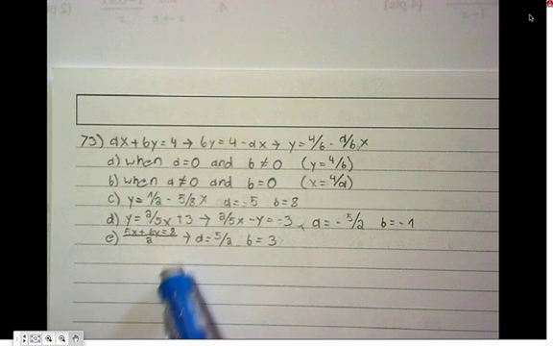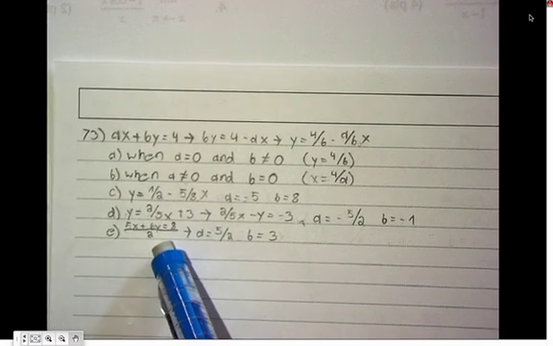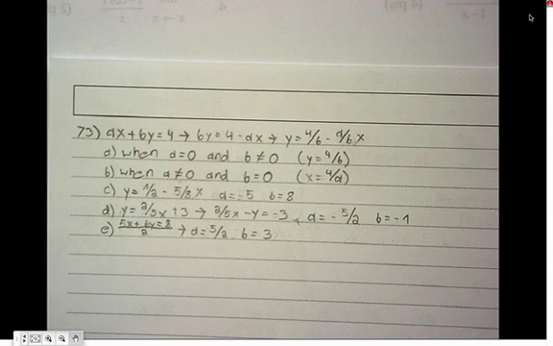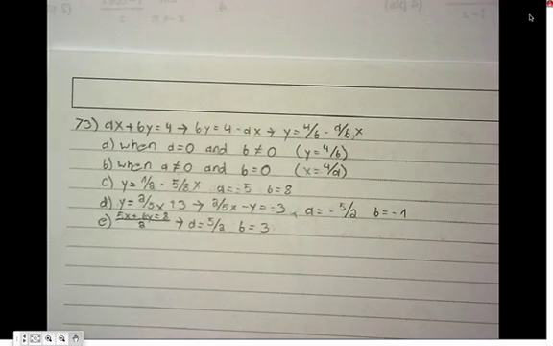And then for e, because this is similar to that one, I just divide by 2, so then I got 5 over 2 and 3. Okay, so good. Questions on A.